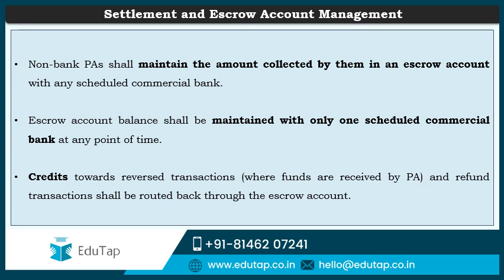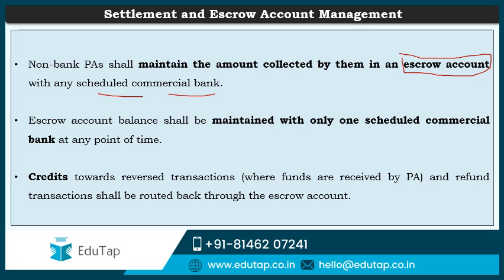Now let's talk about the key points with regard to the settlement and escrow account management. The non-bank payment aggregators, the money they are collecting from the customers on behalf of the merchant, they are required to maintain this amount in a separate account. This account is termed as escrow account. So the money is to be kept separately in an escrow account with any scheduled commercial bank.